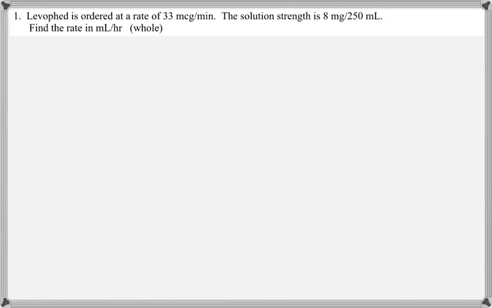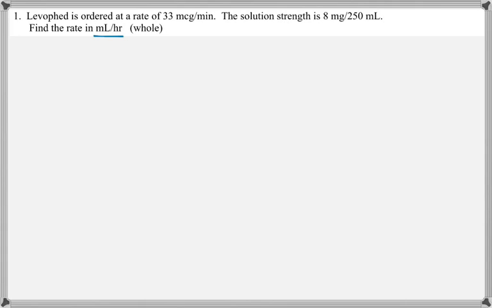Okay, looking at question number 1, it says Levophed is ordered at a rate of 33 micrograms per minute. The solution strength is 8 milligrams per 250 mLs. Find the rate in mLs per hour. So I have the rate at which this medicine is being administered, but my rate is in micrograms per minute, and they want the rate to be expressed in milliliters per hour.